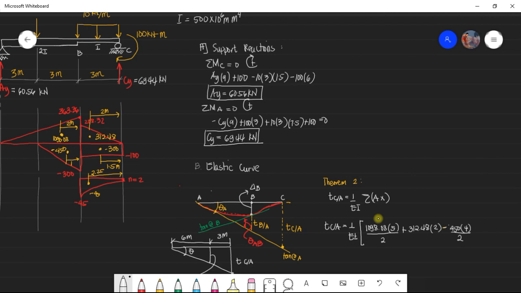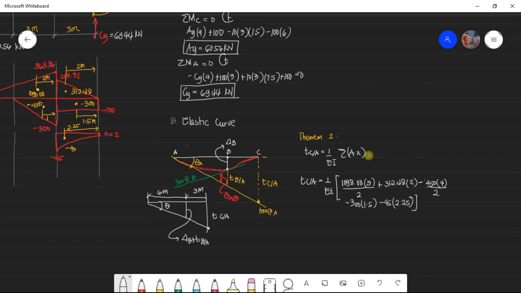Then minus 300 times 1.5, and then minus 45 times 2.25.